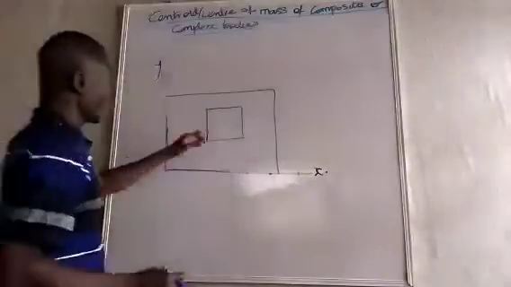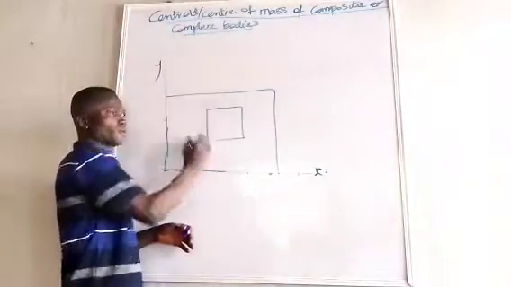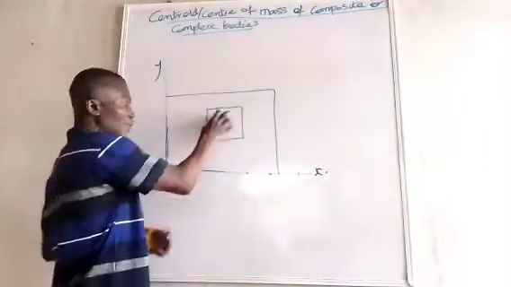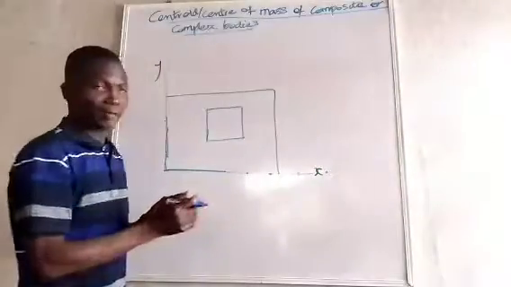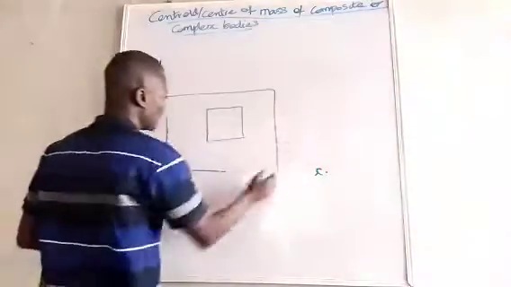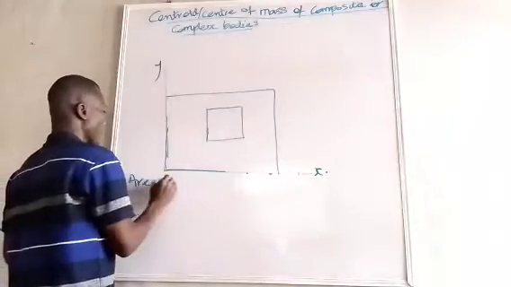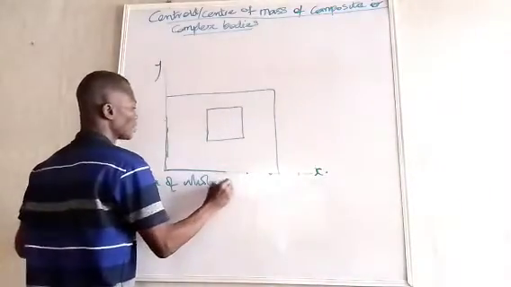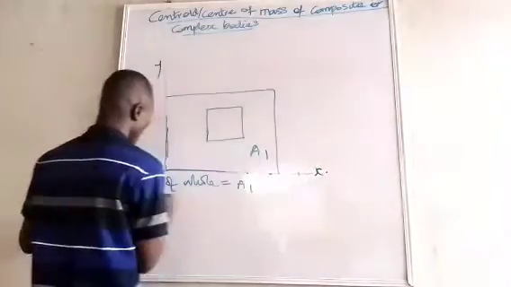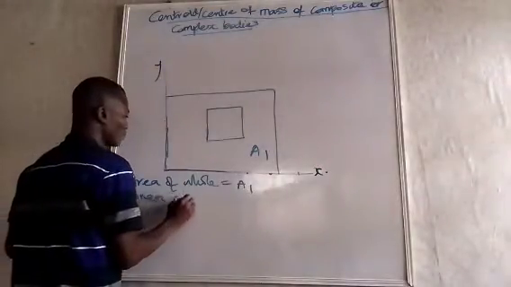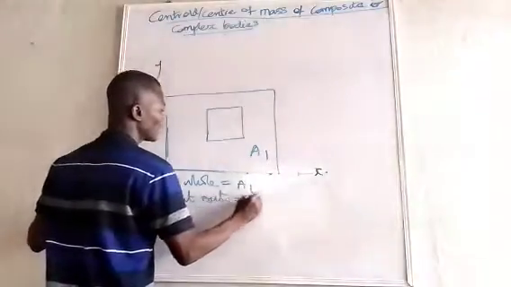Looking at this place, there is a whole shape of a rectangle with a ball-shaped section cut out of it. So let's call the area of the whole shape, area of O, equal to A1. Area cut out is equal to A2.